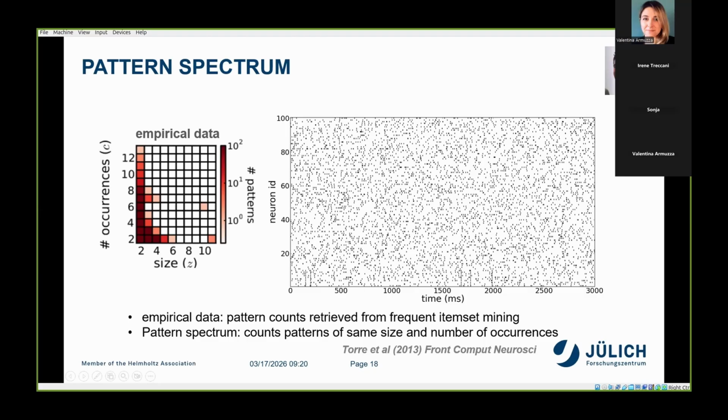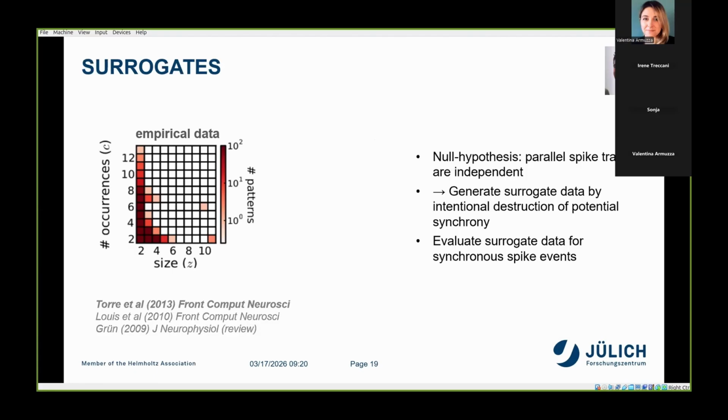And now the question is still, which of these are valid, or which is important? What we started to do already many years ago, because the analytical treatment to calculate this null hypothesis of independence of spike trains is basically not possible, is to use what we call surrogate data.